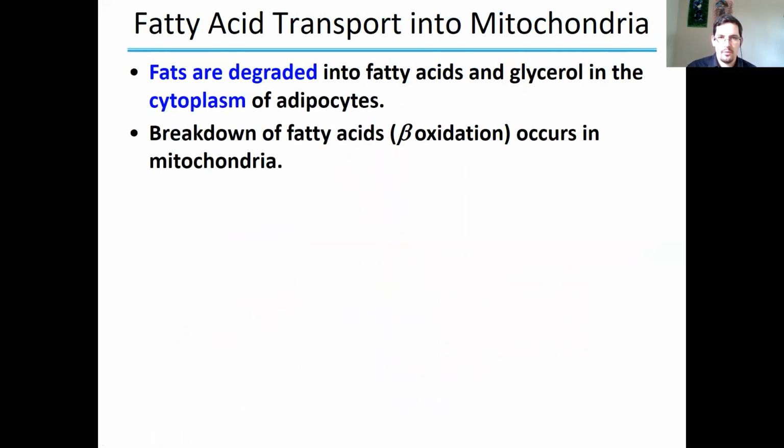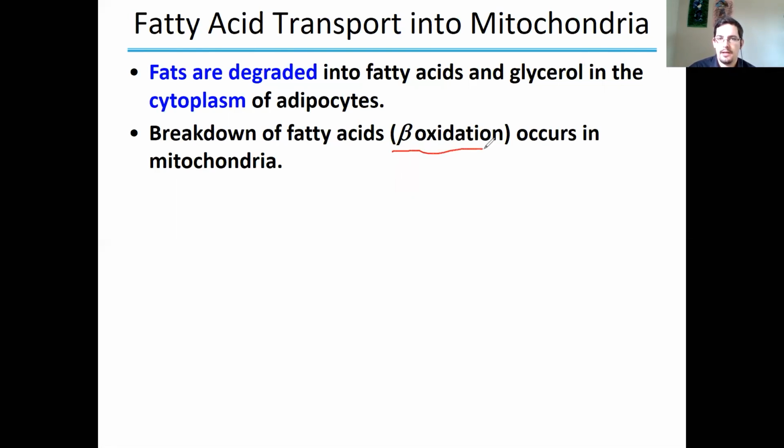So once we have those fatty acyl-CoAs, all of that stuff can occur in our cytoplasm, right? So we break down our fats into fatty acids, we break down that glycerol and feed it into glycolysis. But now in order to break down the rest of our fatty acid, we're actually going to move it into our mitochondria.